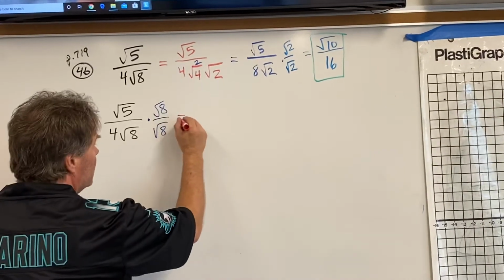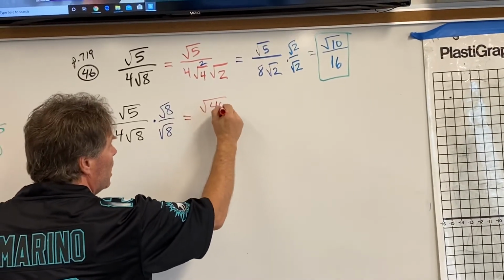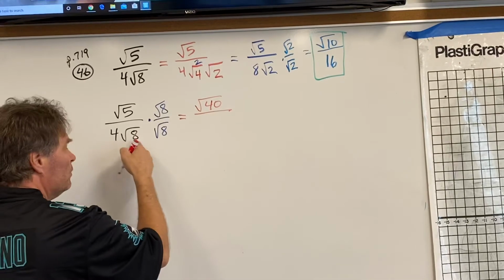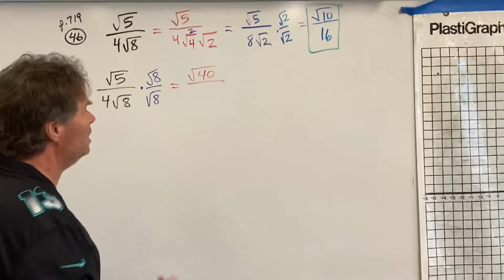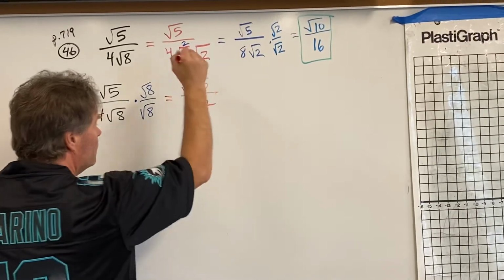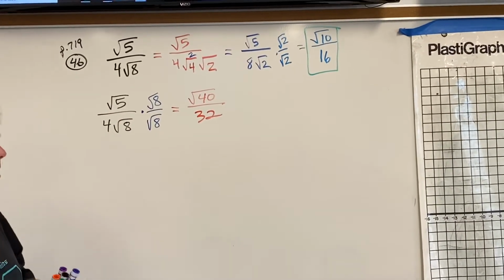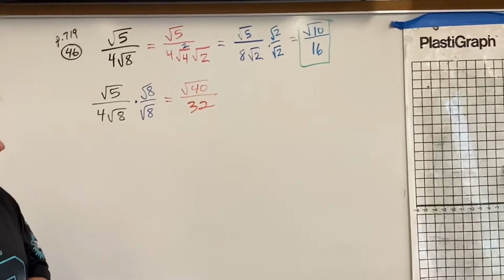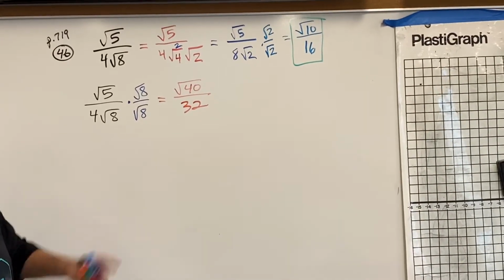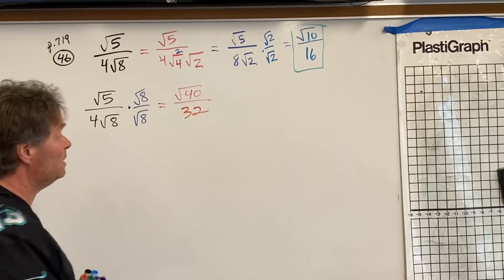Okay, so we get square root 40 on the top. On the bottom, I'm going to get square root 8 times square root 8 is 8 times 4 is 32 on the bottom. Okay, look, root 8 times root 8 is 8 times that 4 is 32. Now, square root 40 actually does simplify.